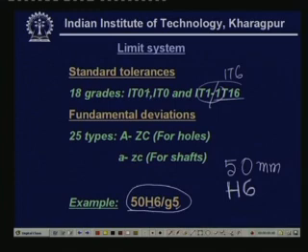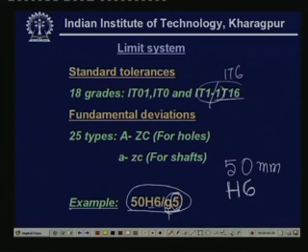That means this tolerance grade is 6th grade. Similarly, G5 represents that you have used G as the fundamental deviation, where you are using 5 as the standard tolerance, IT5.